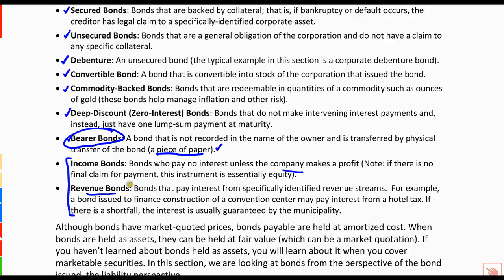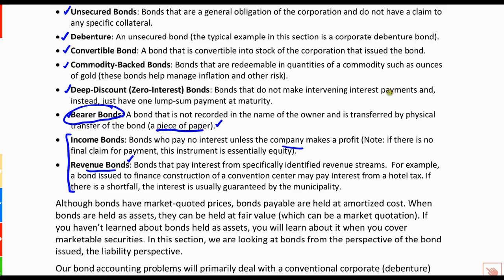So revenue bonds are a very popular source of funding for governments. You're very likely to see those if you audit government or if you work for local government. A school district will have a bond issued against the district taxes.